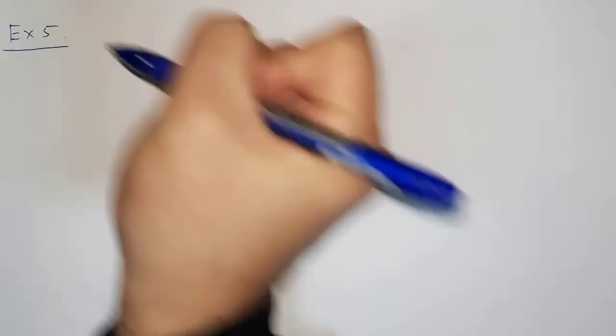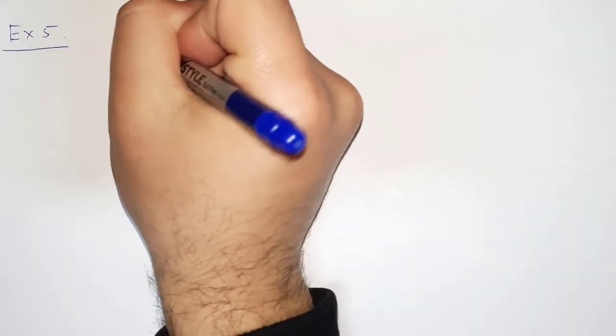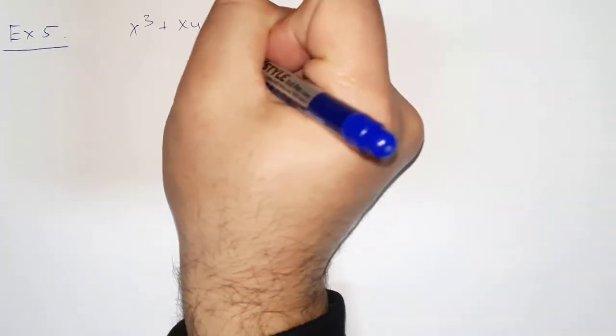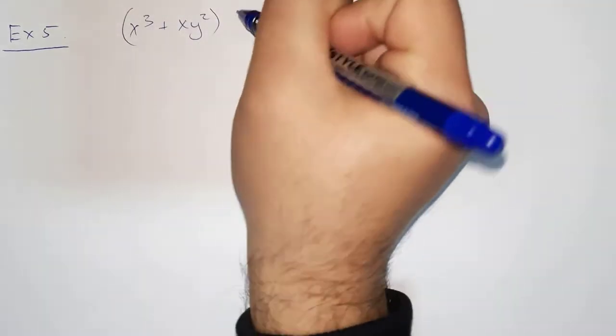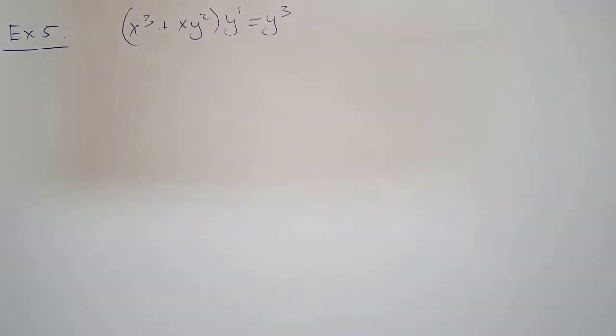Let's continue and consider the next example, example number 5. Find the general solution of the differential equation: x cubed plus xy squared times y prime equals y cubed.